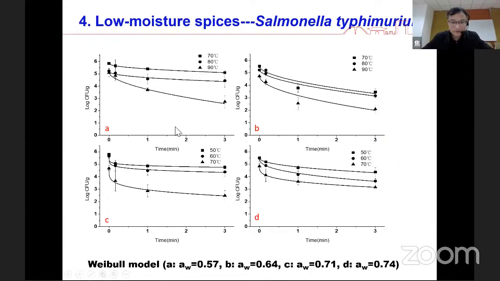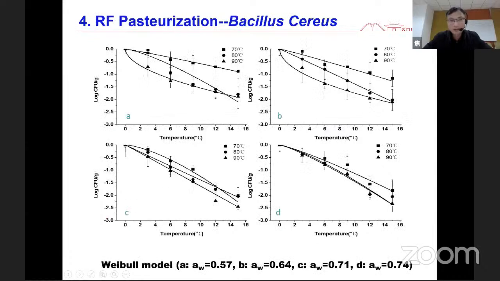So we can say that for the Salmonella, it's relatively easy, based on the different initial water activity levels. The temperature we are using is from 50 degrees Celsius to 90 degrees Celsius, and we can generally get around 4 to 5 log reductions. This is for the Salmonella. But for the spores, it's really hard.